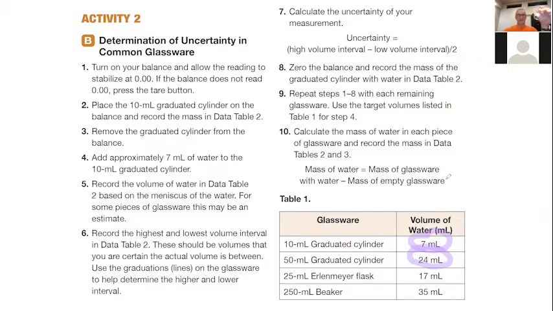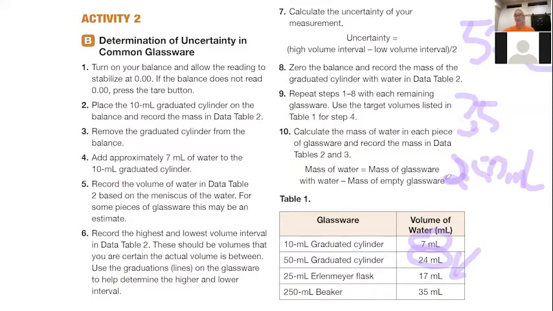And then we're going to take our little 25 mil flask and put 17 mils in that. And then probably the most frustrating thing, we're going to try and put 35 mils into a 250 mil beaker that does not have any numbers until you get to 50.